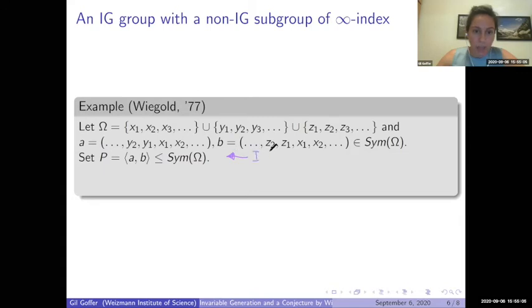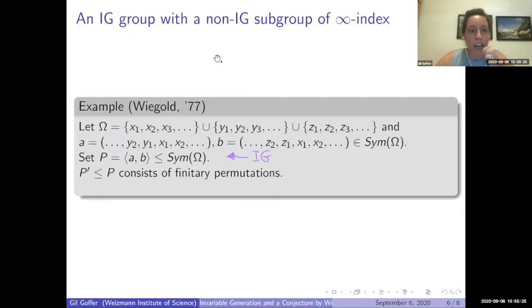One can follow the definition step by step: assume toward contradiction you had a proper subgroup, and so on. But this subgroup admits a proper subgroup, the commutator subgroup, and it comes out that the commutator subgroup consists only of finitary permutations.